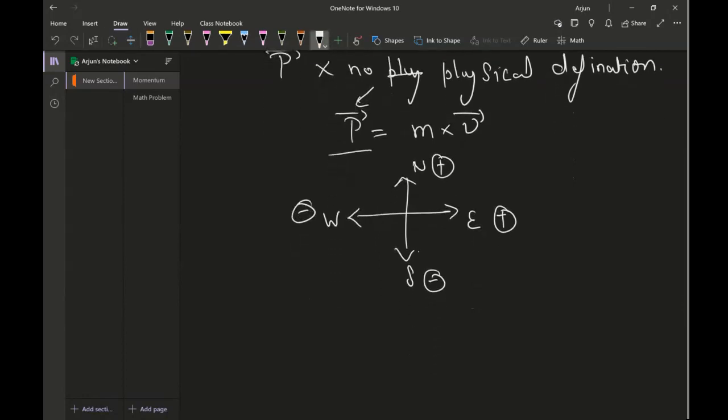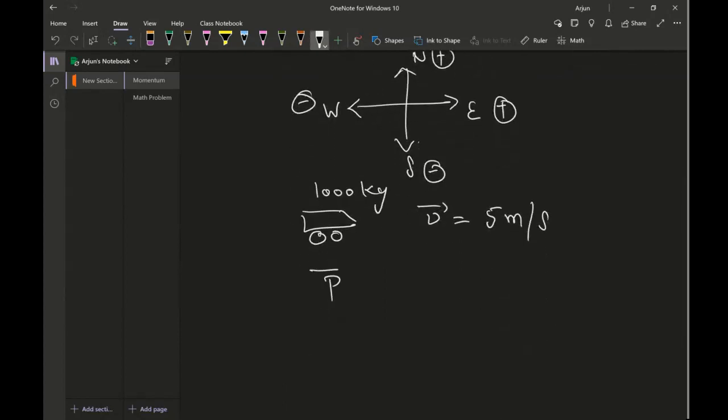Now, if a car is moving and the mass of the car, let's suppose, is 1000 kgs, and the velocity with which it is moving is 5 meters per second, I want to find the momentum. So the momentum value will be equal to mv, which is 1000 times 5. And this is velocity, so I have to specify the direction also. For the sake of this question, I'm going to consider it as east direction.